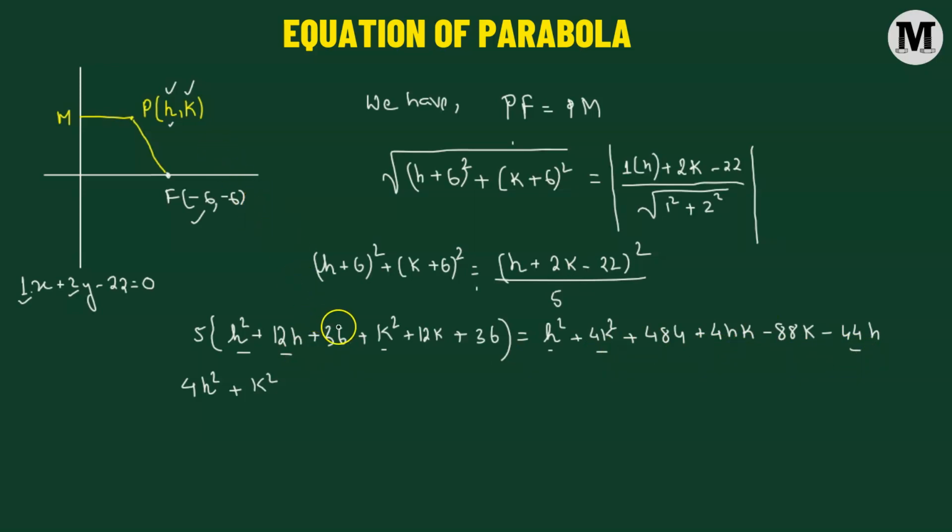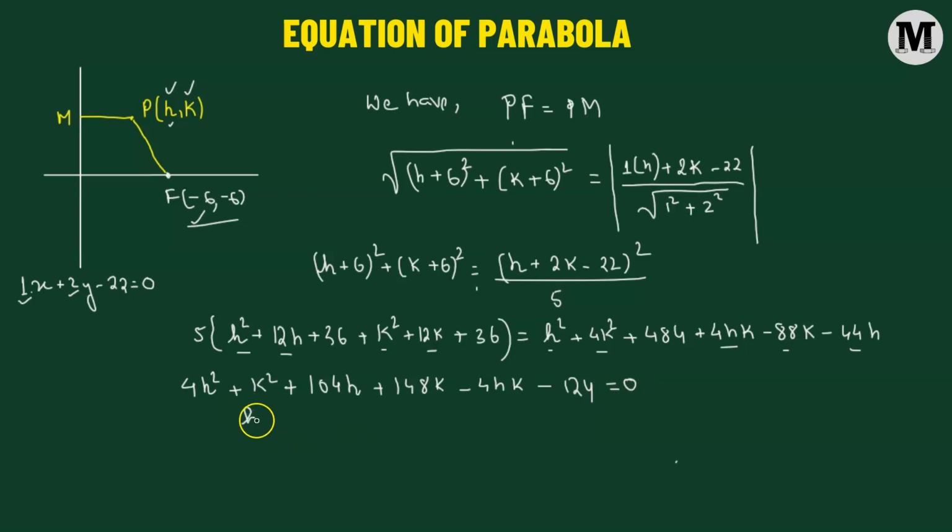So 60h plus 44h is going to be positive 104h. Then we have 12k multiplied by 5, so that's also 60k. We are going to add it to positive 88k, which gives us 148k. Then we are going to transpose negative 4hk to the left hand side, and then we have to take care of the constant term. The constant term is going to be minus 124 equals 0.